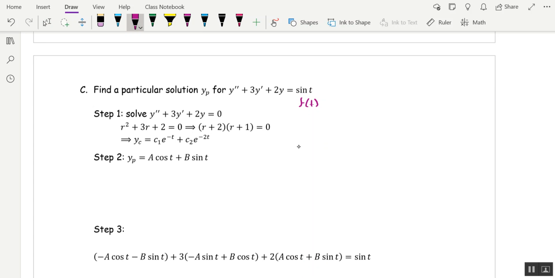Okay, so yp prime is negative a sine t plus b cos t, yp double prime is negative a cos t minus b sine t. Oh, sorry, forgot to check for repeats.